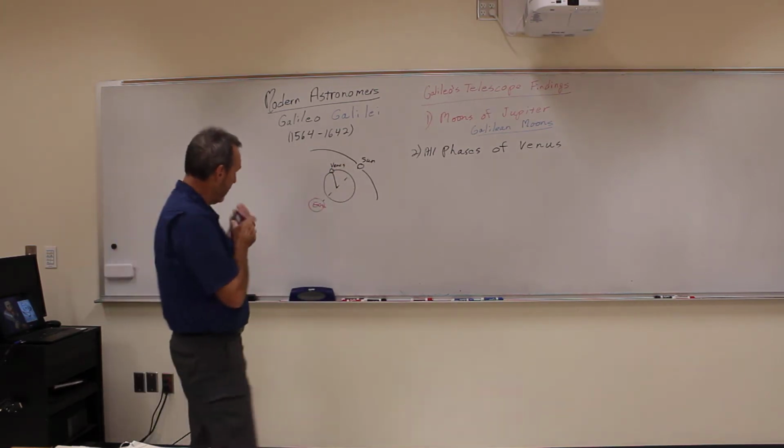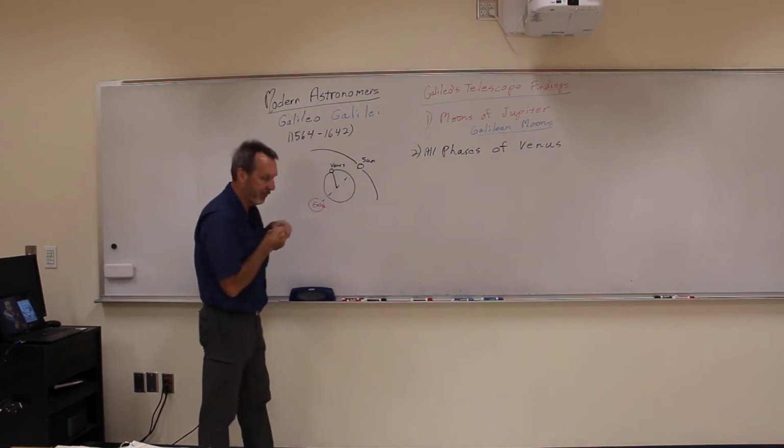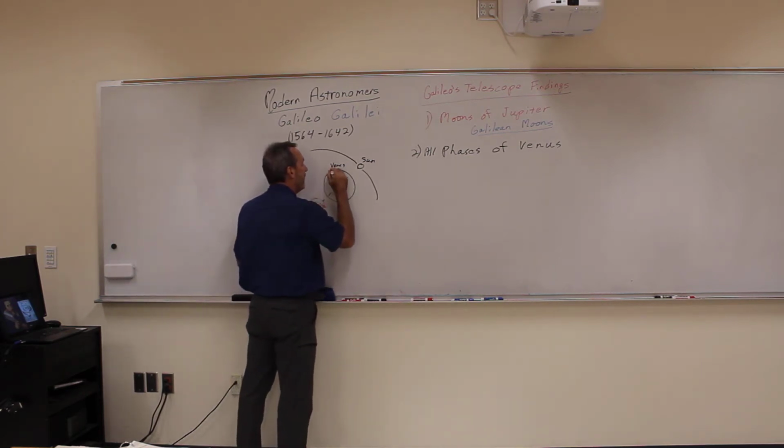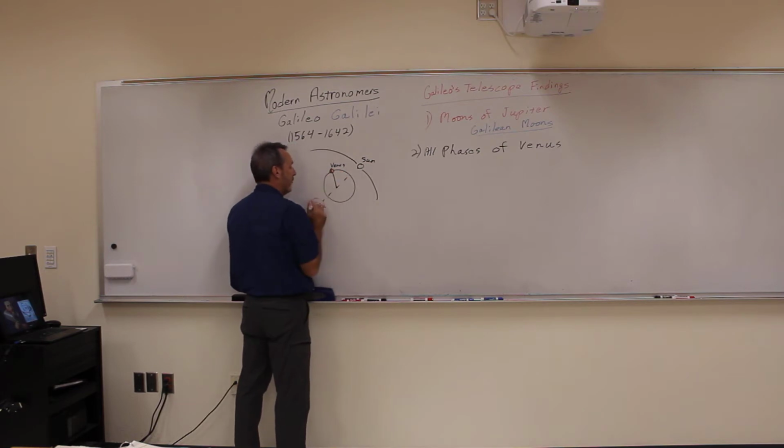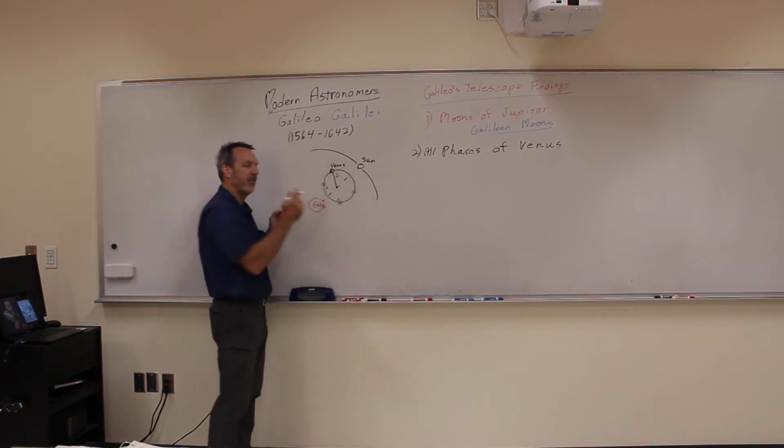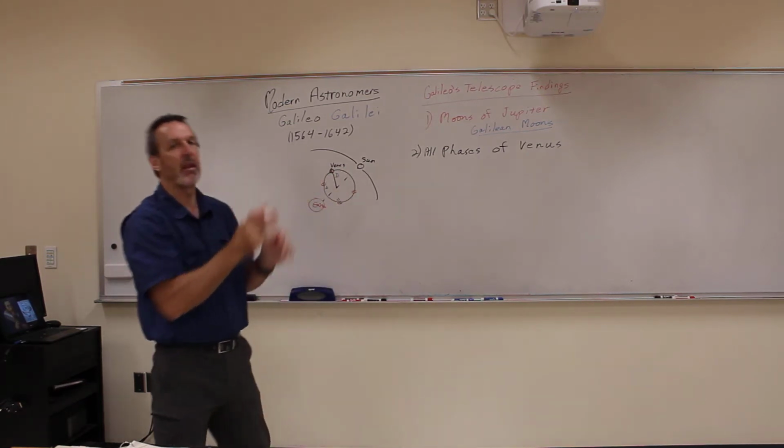Remember the sun lights up Venus, and so the side that's lit up is this side, so when we look at it from Earth, we're only going to see a crescent. And it doesn't matter, even when Venus is over here, we're still going to see a crescent phase. Over here, we're only going to see a small crescent phase. Over here, we're still going to see it because the side facing the sun is always away from us. All we're seeing is the little edge of that.